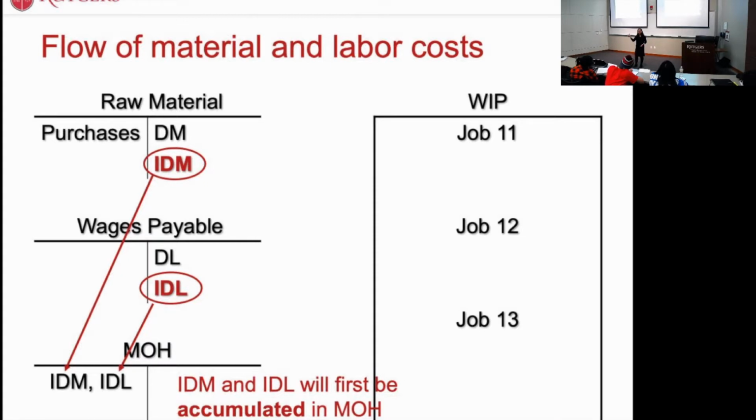Okay, because the indirect material and indirect labor, they are overhead costs. So they need to first become overhead costs, right? So we first need to record them as overhead. And the reason why I debit them in the overhead is because overhead is an expense account, right?